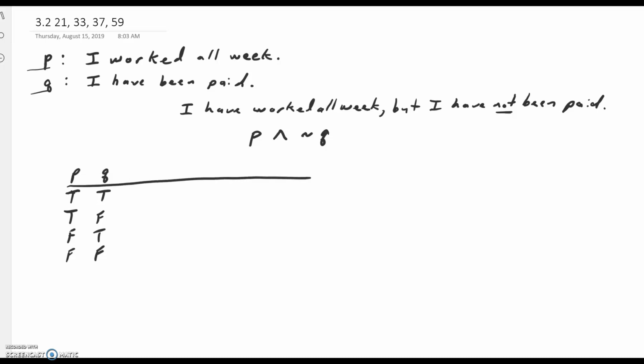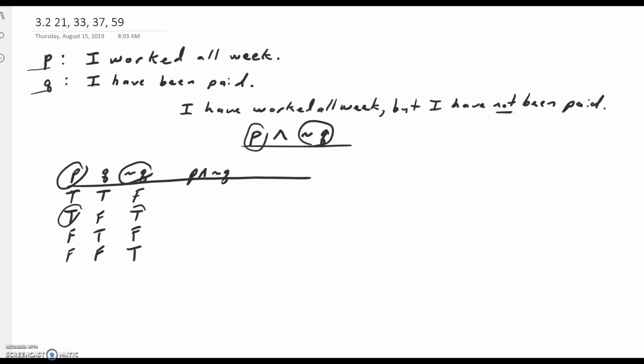Now we need to build towards this statement. We have a P, but we don't have a not Q, so let's put in a not Q. And it's the opposite values of the Q column. So now we have a P and a not Q. The P is here and the not Q is here, so we're ready for a P and not Q. Now with and, the only way an and can be true is if both parts are true.